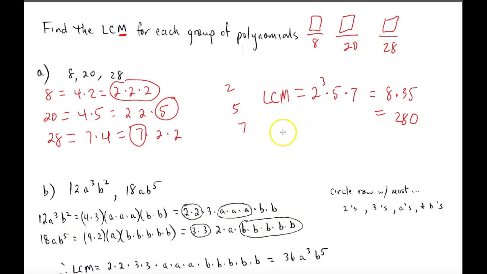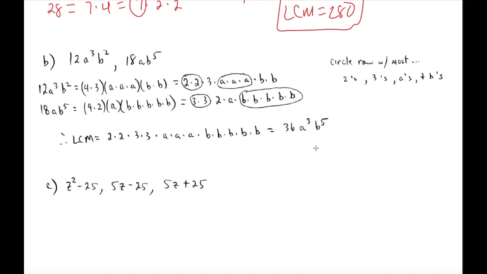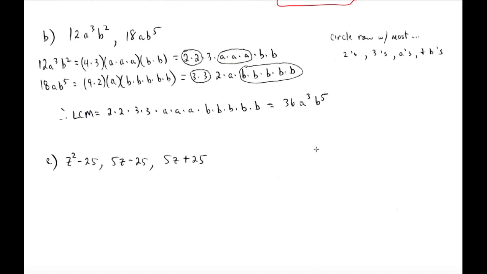So the LCM here would be 280. So 280 is the smallest number that 8, 20, and 28 can divide into without having a remainder. And so we'll use this particular concept whenever we want to add rational expressions that have unlike denominators.